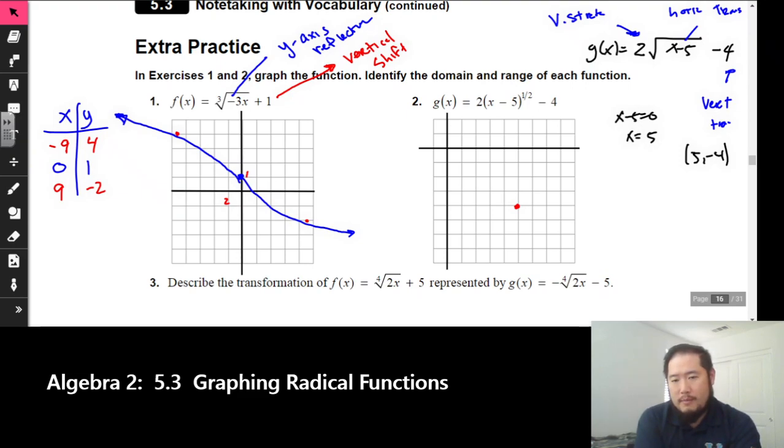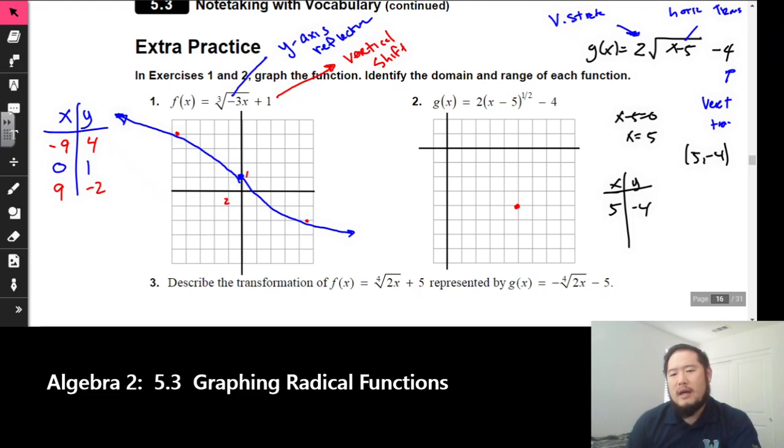Now, remember, from here, it cannot go to the left. It cannot go down. It can't go past that to the left. The only way it could is if there was a y-axis reflection, but there's none of that here. So let's go ahead and plot some points, and I'll start off with 5, negative 4.